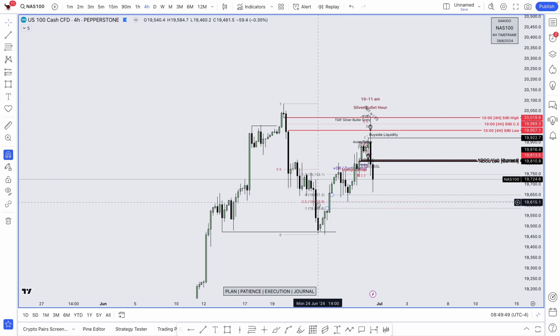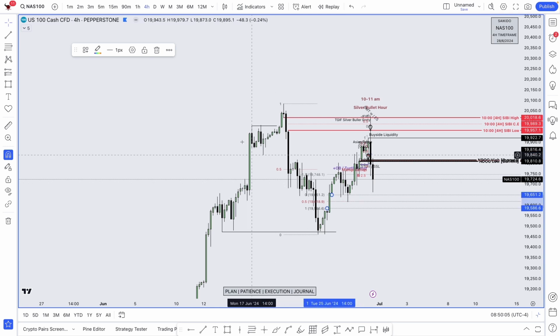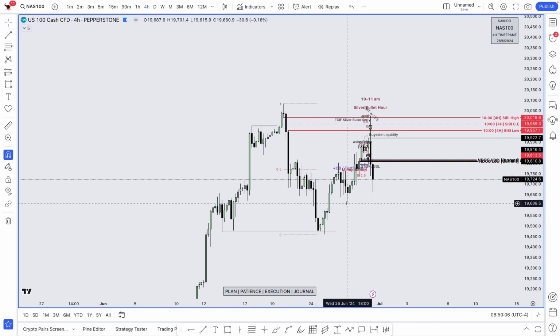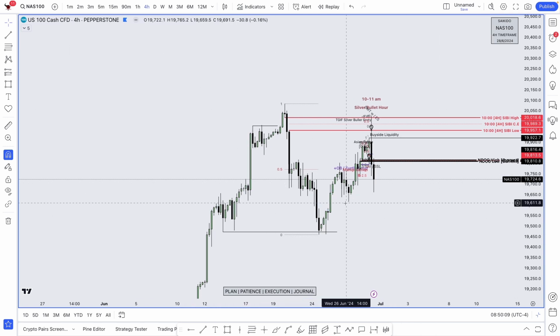This is 19618.9. This is 615.9. Okay, just a few ticks short, but on this time frame, you clearly see it's like two ticks short, so it's almost like the exact number.